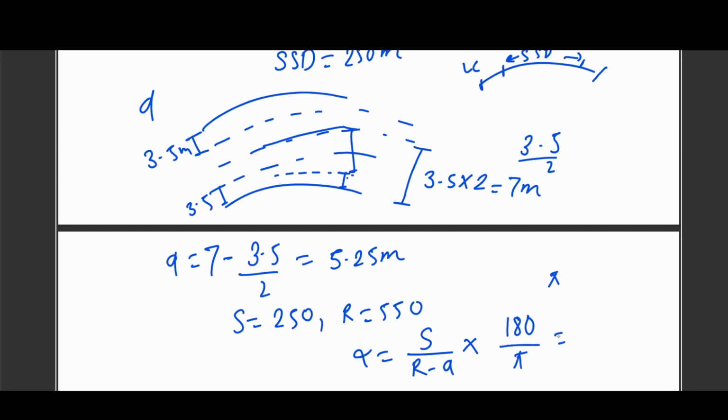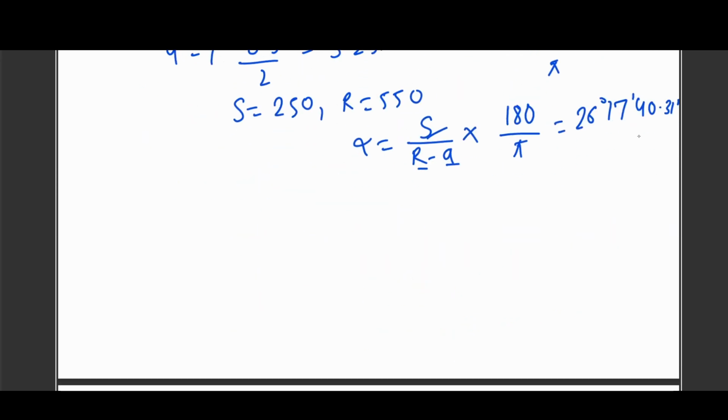S will be 250, R will be 550, and d will be 5.25. So on solving, we'll get the value of alpha as 26 degrees 17 minutes 40.31 seconds.